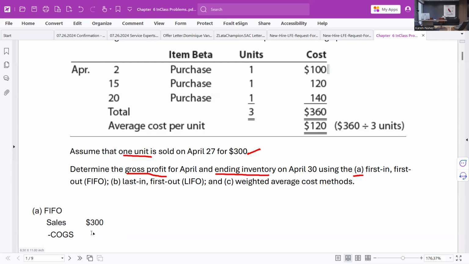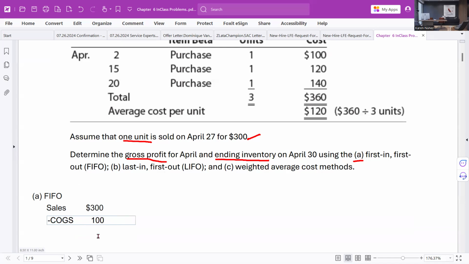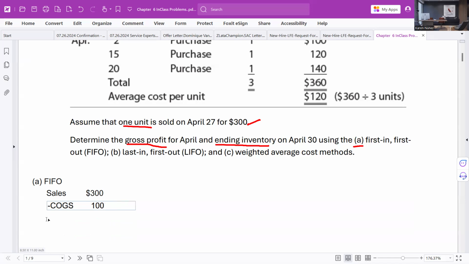First cost in is the first cost sold. So we end up here with a gross profit of $200, right? That's our gross profit.